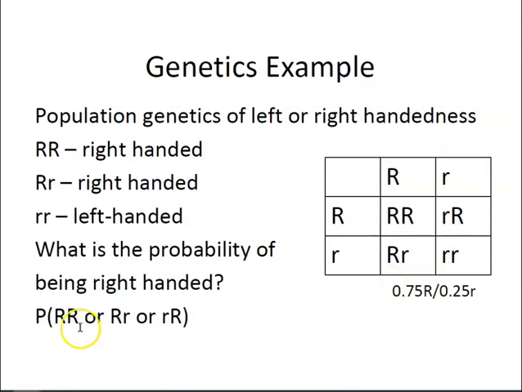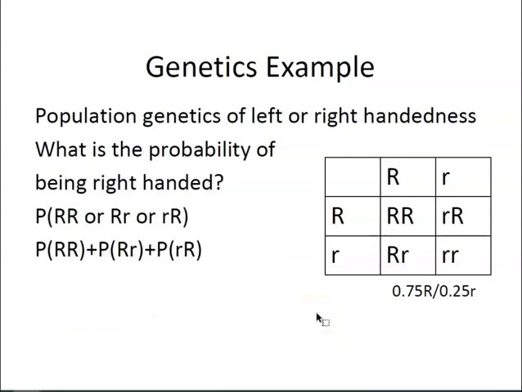So we want to find the probability of big R, big R, or big R, little r, or little r, big R. Any of these three possible ways we can get a right-handed offspring. That means we're going to take the probability of big R, big R and add it to the probability of big R, little r, and then add that to the probability of little r, big R.